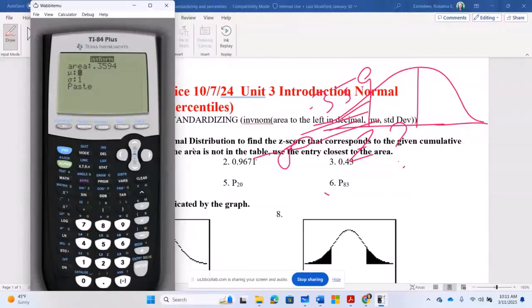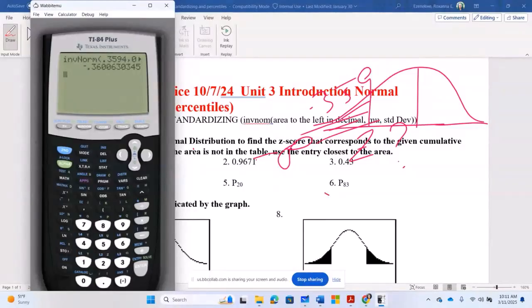Okay, and then I'm told to find, my calculator is asking me for the mean, but the mean is 0. Mean of a standard normal is 0. The standard deviation is 1. And now I'm going to calculate what is the z-value corresponding to area 0.3594? If I hit enter, it's asking me, is that what you want to calculate? Yes, I want to calculate the z-score corresponding to 0.3594.